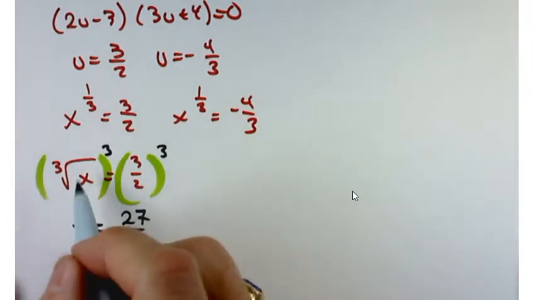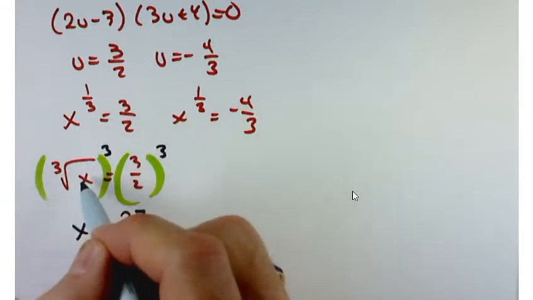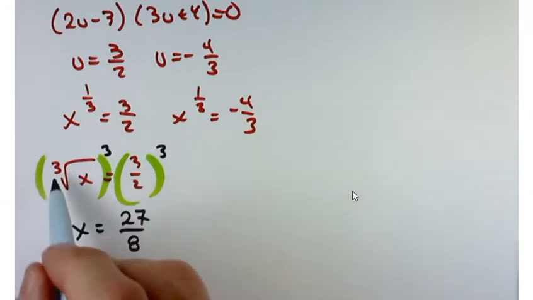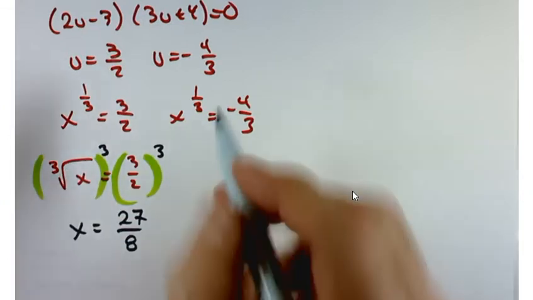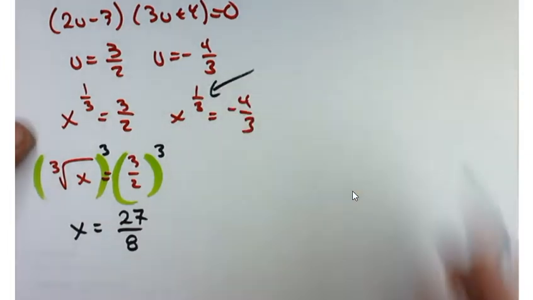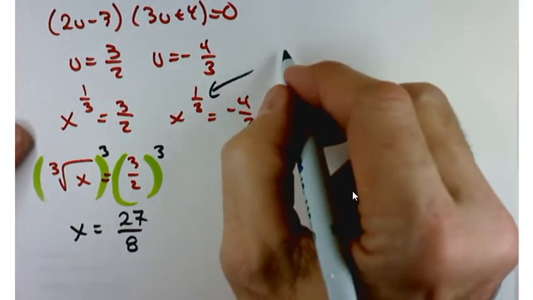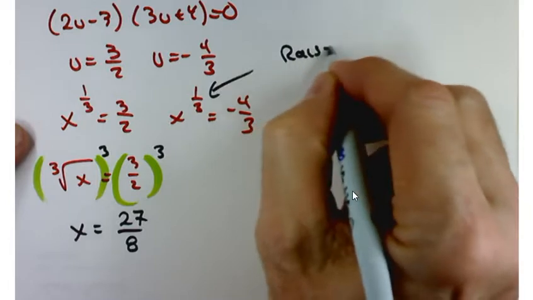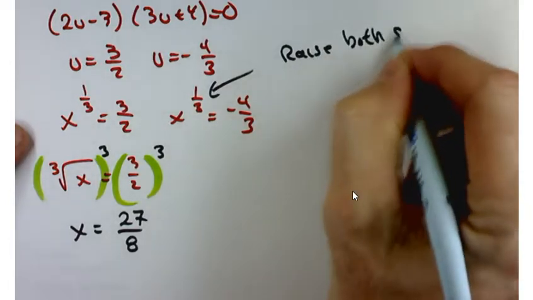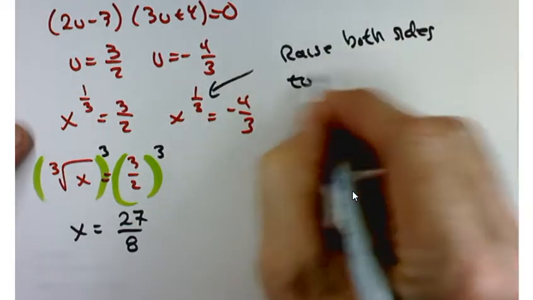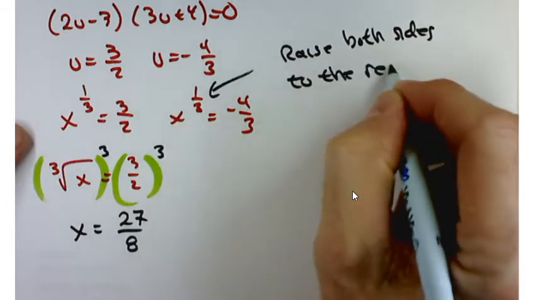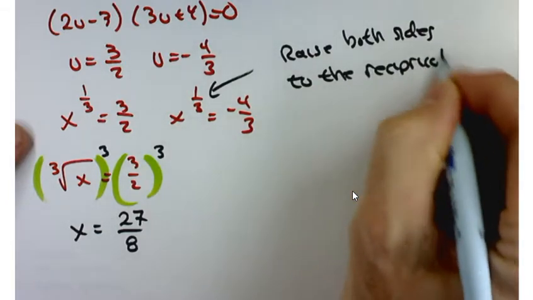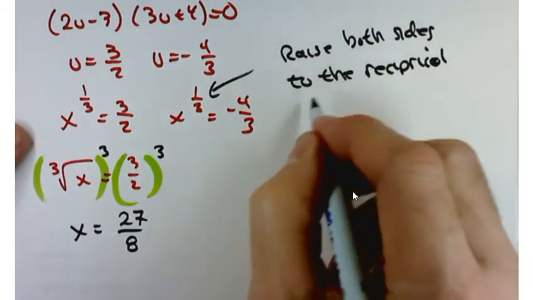Now, in general, I'm probably not going to take the time quite often to write this as the cube root and then cube both sides. The quick way to think of this, to solve here, is to raise both sides to the reciprocal power.